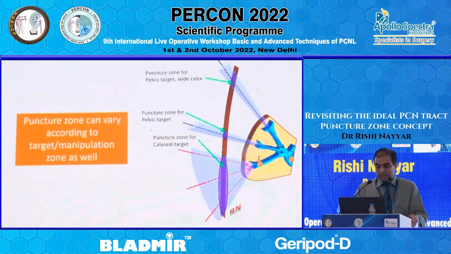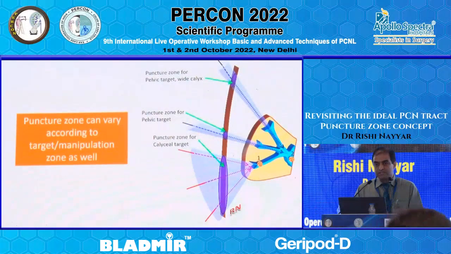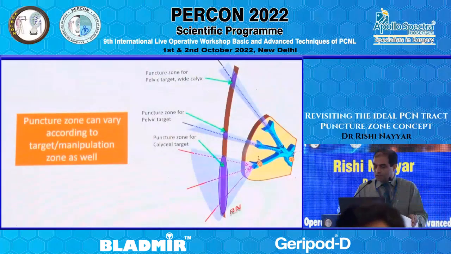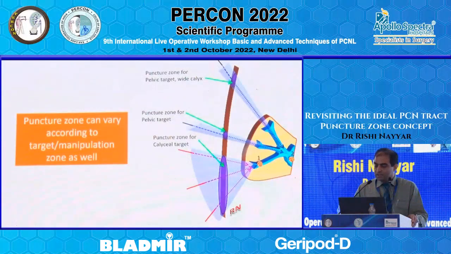So this puncture zone can also vary according to the target or manipulation zone. If the stone that we need to target is in the peripheral calyx, then obviously the puncture zone which fits with the definition of an ideal tract is very wide because we don't need to access the pelvis at all. Whereas if a similar kind of stone is located in the pelvis, in this particular anatomy, the tract that can provide complete clearance, the ideal puncture zone, would be very narrow.